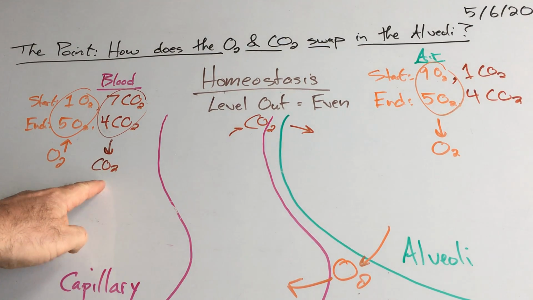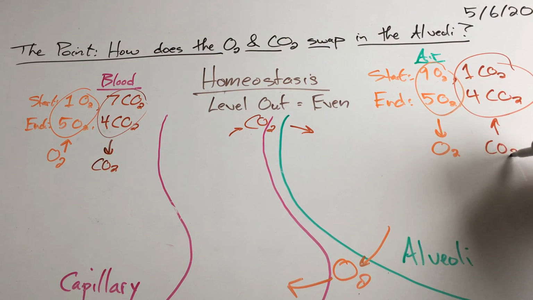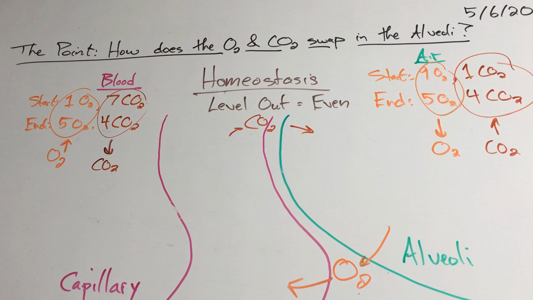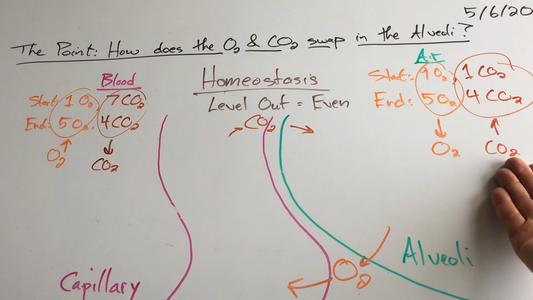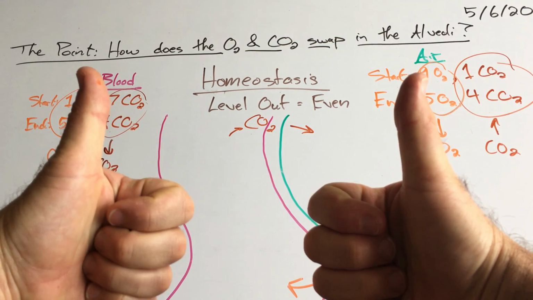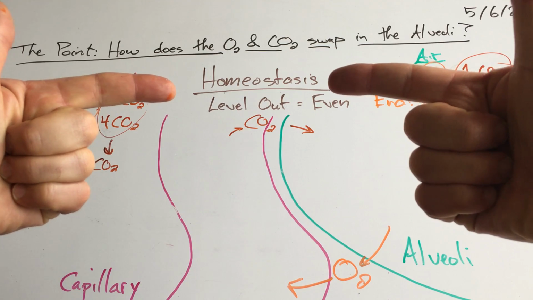We get rid of the carbon dioxide here, but the carbon dioxide here goes up, which is good. So it gets out of our body. So what happens? We get more oxygen in our blood, we get carbon dioxide into the air, and we stay alive. And the whole reason why, homeostasis.